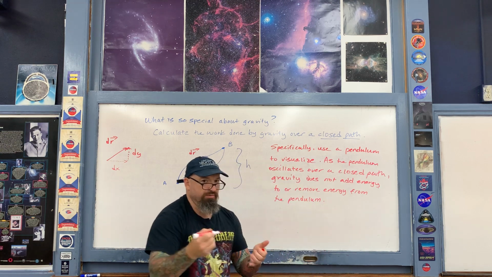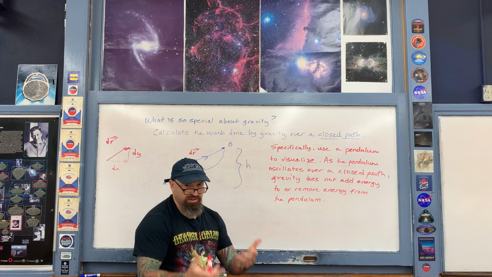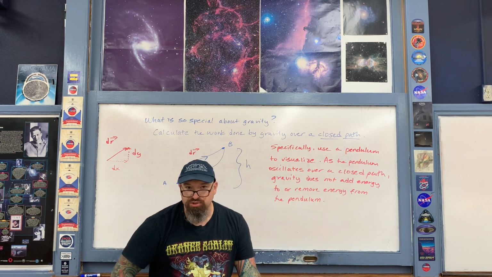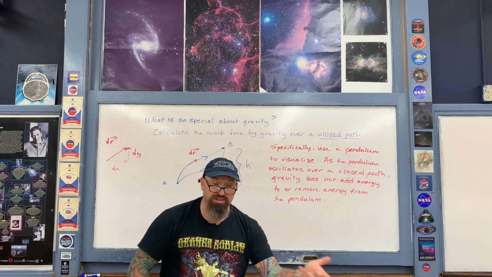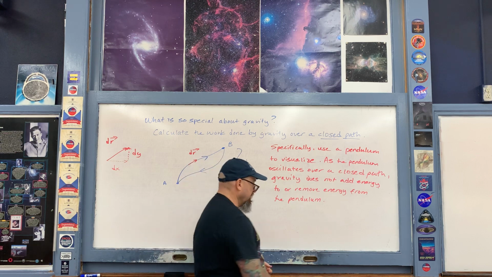That's what the calculation we just performed means. The work done by gravity over the closed path is 0. Therefore, as the kinetic energy of the pendulum changes as it oscillates, it has to be changing into something else. In other words, another form of energy must be present, and that's potential energy.